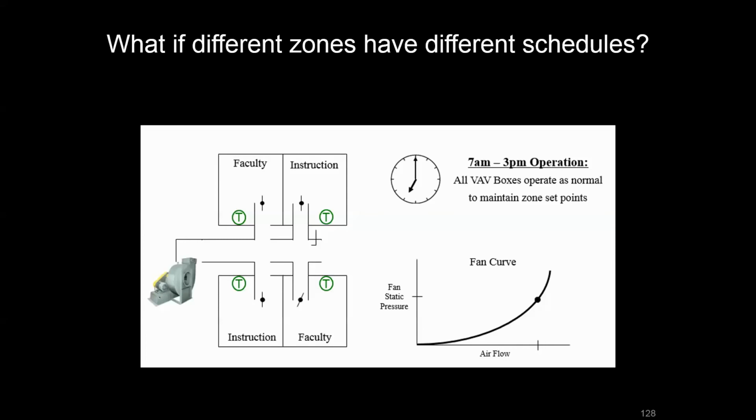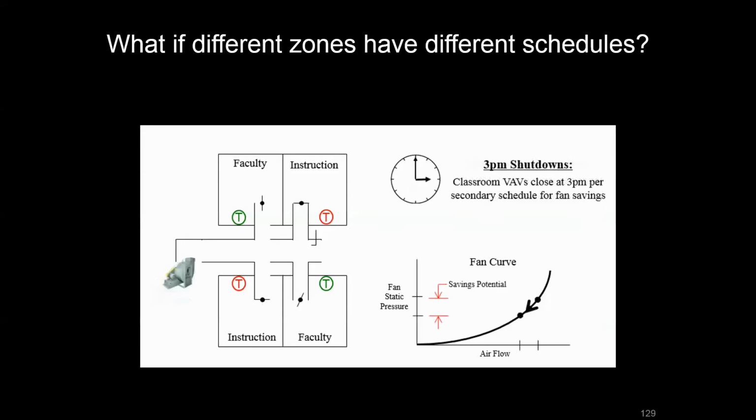And in this application, if we have classrooms and offices, and they both start at 7 a.m., but the offices go to 5 p.m. where the classrooms empty at 3 p.m., well, one of the options that we have is to tell the automation system to put special schedules in the classroom zone equipment to close or mostly close those dampers starting at 3 p.m. So what we've done now is just found a way to ride our system curve down, get those CFM level savings that would translate to fan savings, and have a cube relationship with brake horsepower.